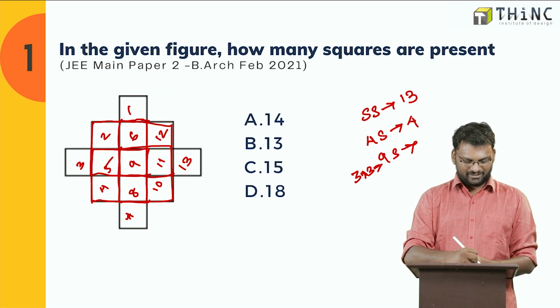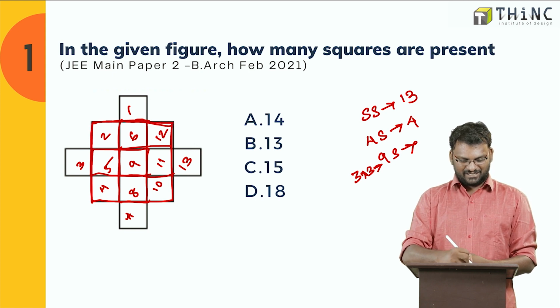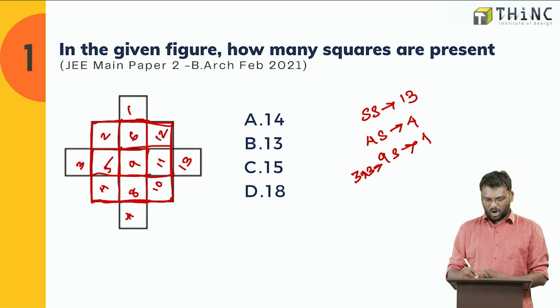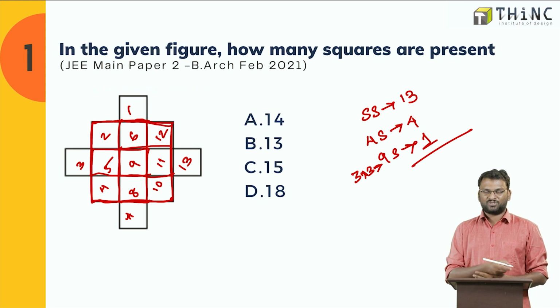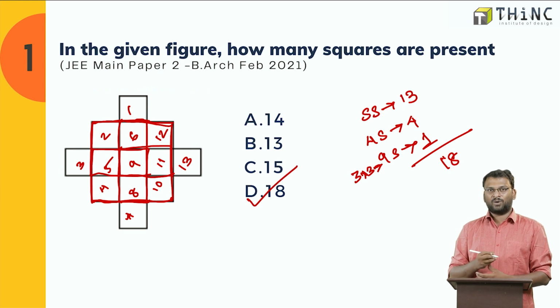There is only one, the square which is through the outside. The 3 into 3 square comprises all the squares in the figure except 4 squares coming out. So the total is 13 plus 4, 17, plus 1, that is 18. So option D will give you the credit over here.